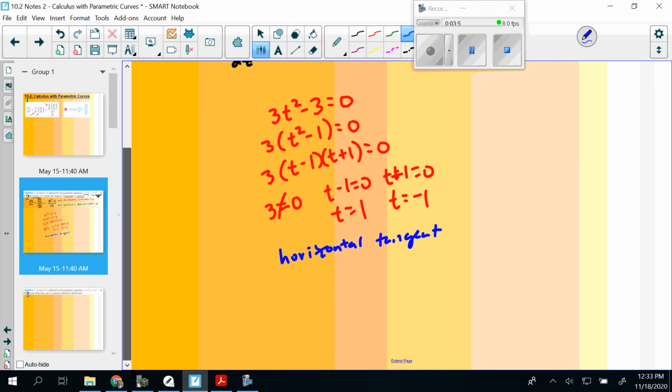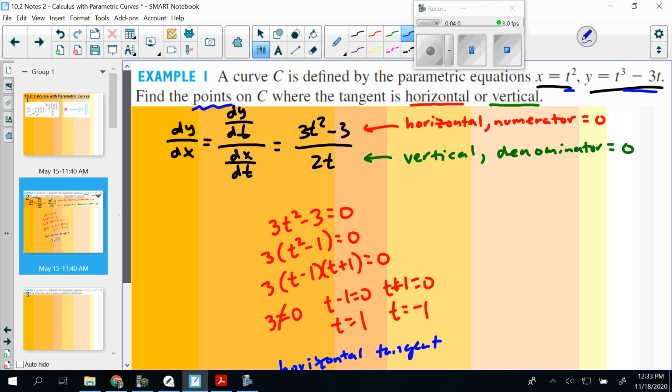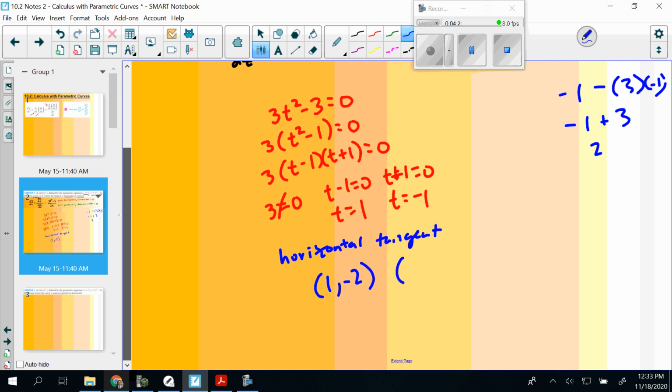So one point is (1, negative 2). Now we do the same thing with negative 1. Negative 1 squared again is 1. In the other one, negative 1 cubed is negative 1, minus 3 times negative 1, which ends up being negative 1 plus 3, or positive 2. So the other point is (1, 2). Those are the two points where it's horizontal.